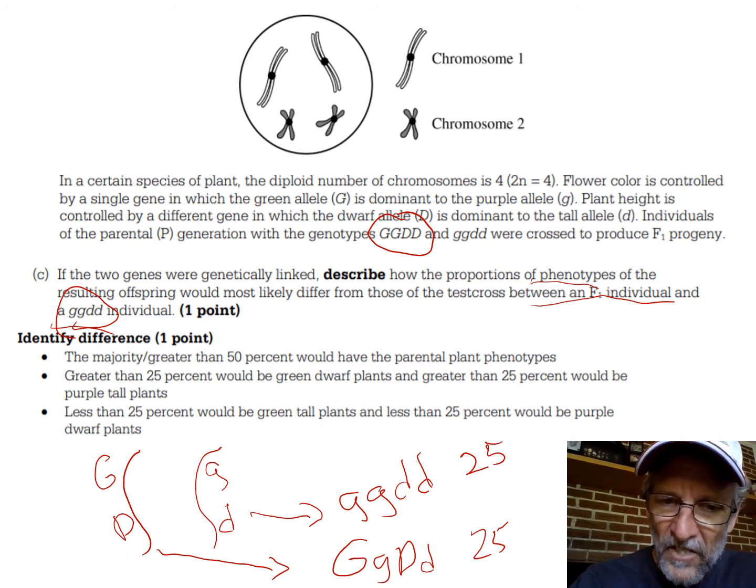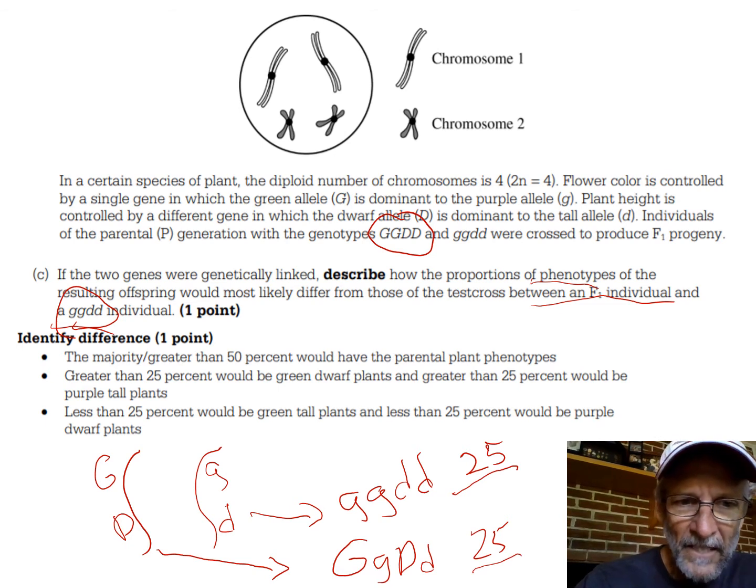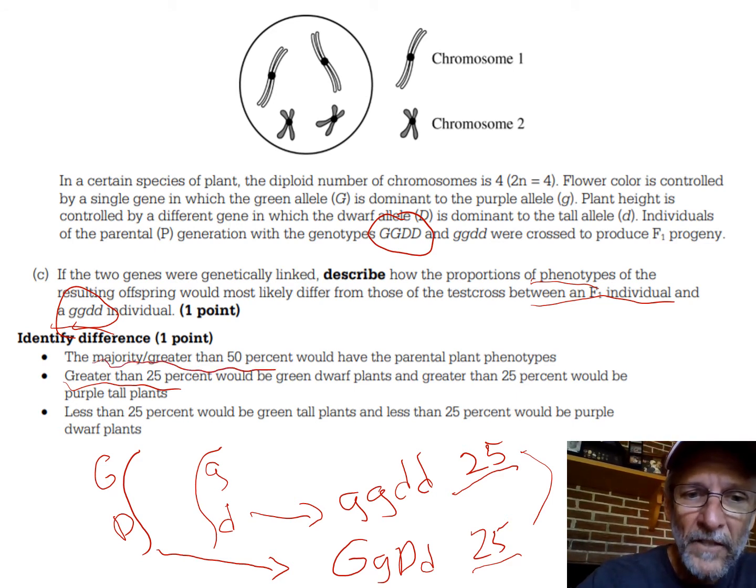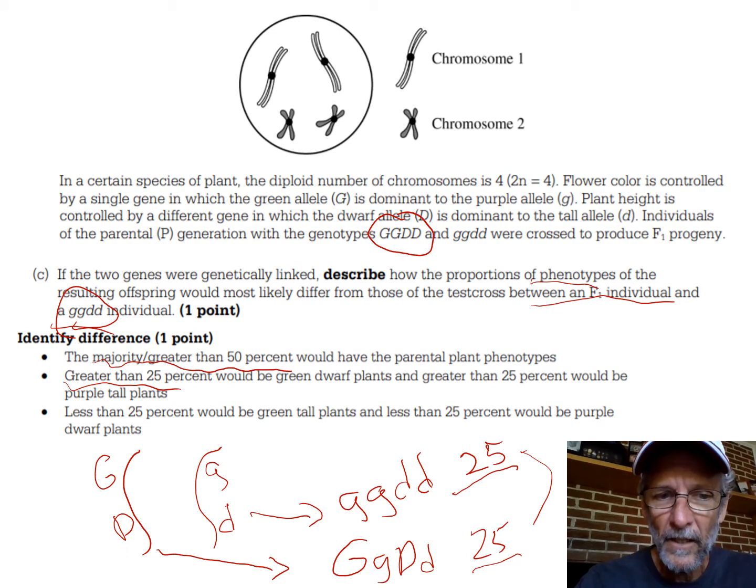If you simply said they'll have more than 25% of these kind, you would have got that 1 point. Or if you combine those and say, well, if they were unlinked, you'd get 50% of this kind or this kind, but now you'll get more than 50%, you would have been okay.